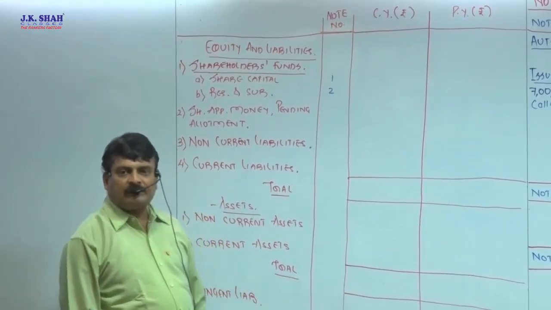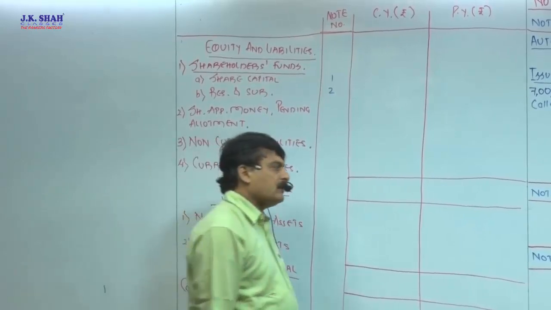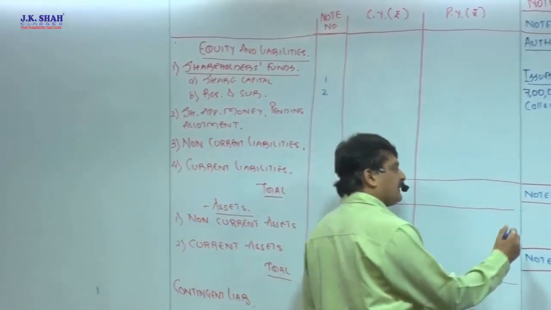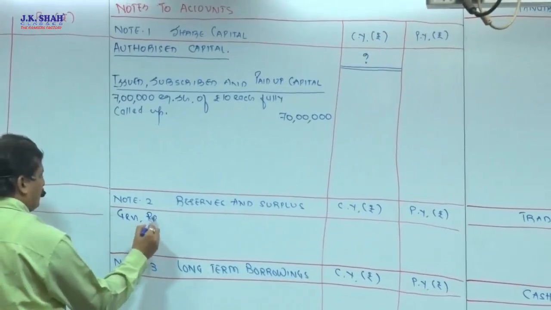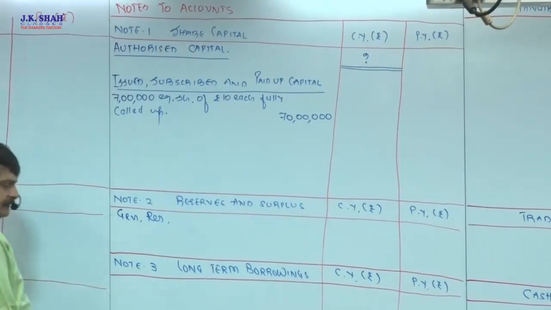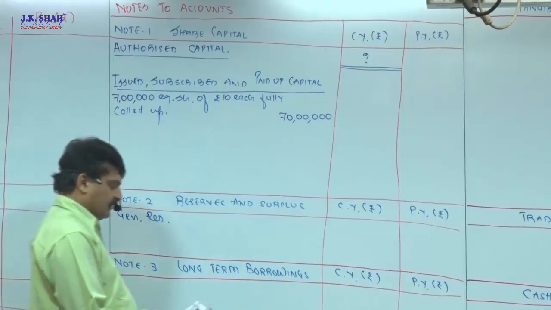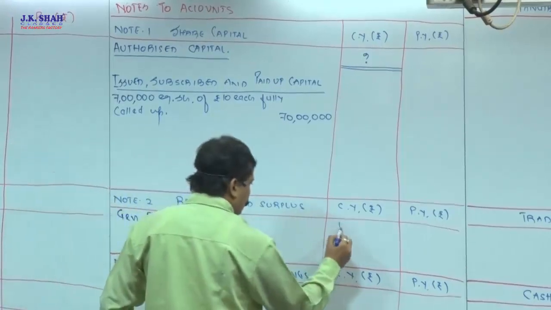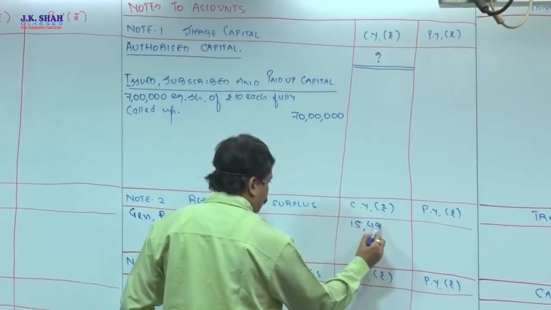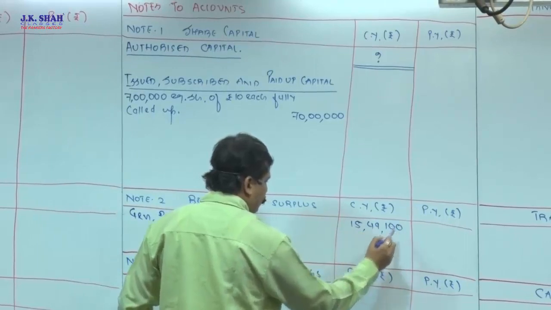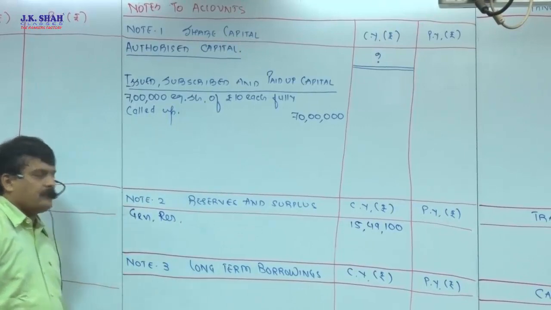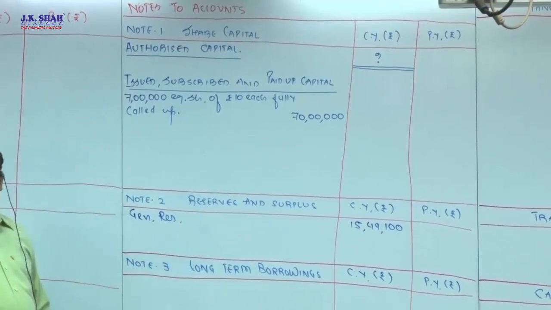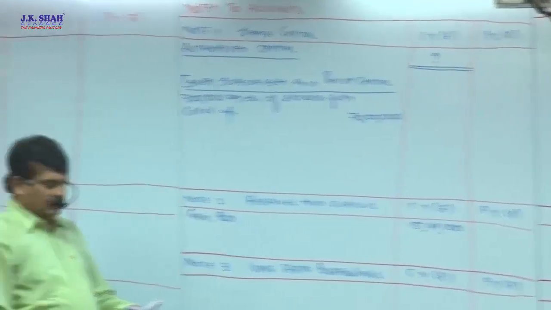Next one. General reserve. We'll go to reserves and surplus. General reserve. What is amount? 15,4900. Surely everyone? Next.